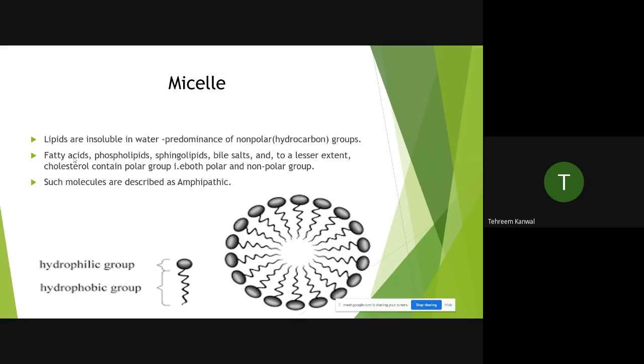So fatty acids, phospholipids, sphingolipids, bile salts, and to a lesser extent cholesterol contain both polar and non-polar groups. So these are the substances which are carried within the micelles. Such molecules are described as amphipathic lipids.